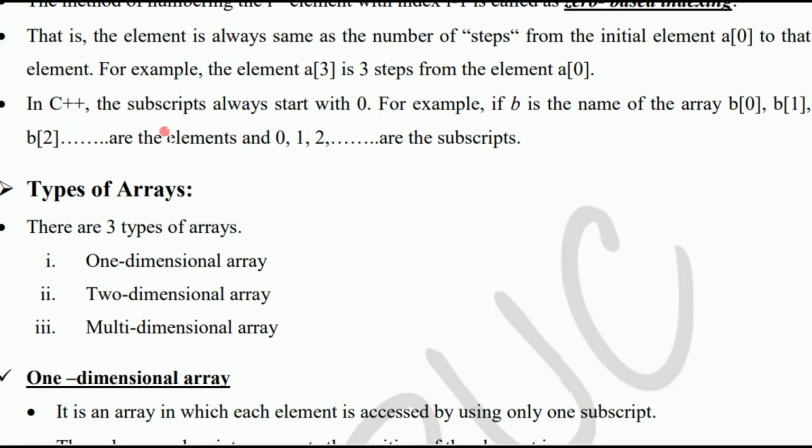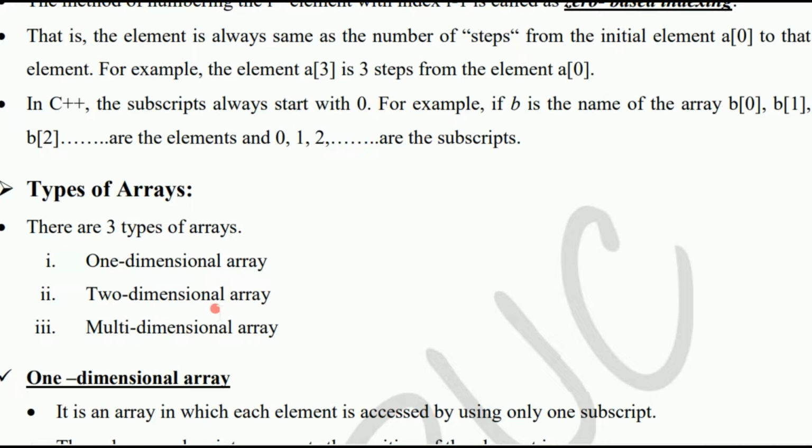And in C++, when we are using arrays, we use different types of arrays. The first one is the one-dimensional array. If there is an array name with only one side, then that is called a one-dimensional array.